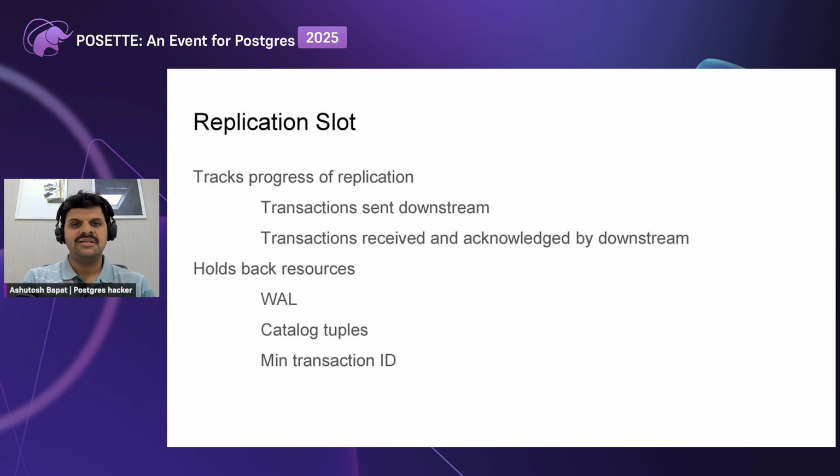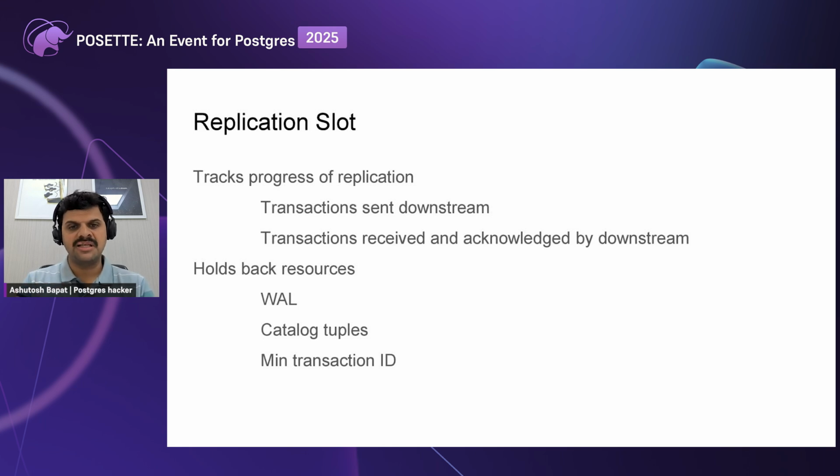But for doing that, it has to know the progress of this replication. And that is done through the replication slot, which maintains this progress. And when it maintains this progress, it also holds back resources like WAL, as we saw.